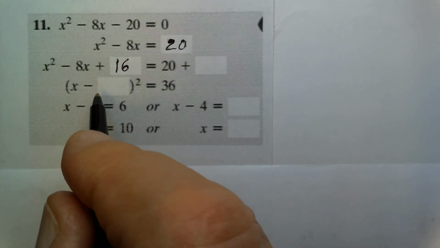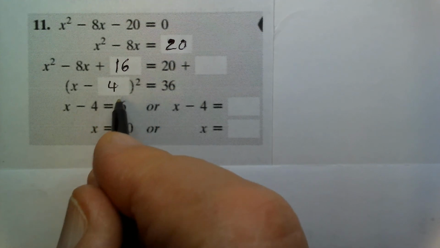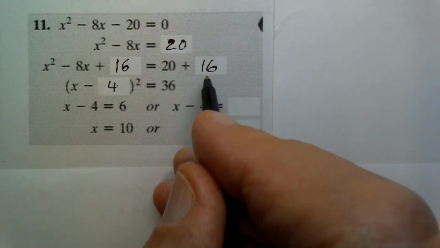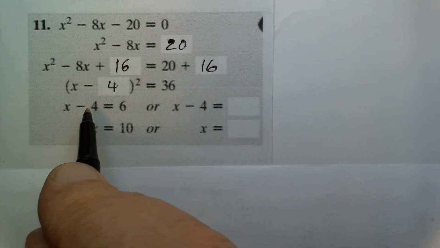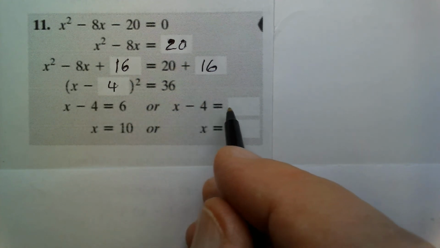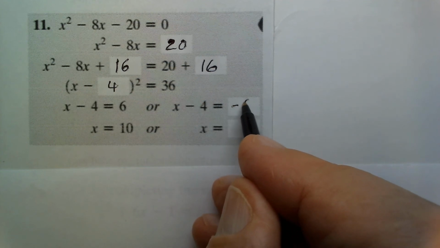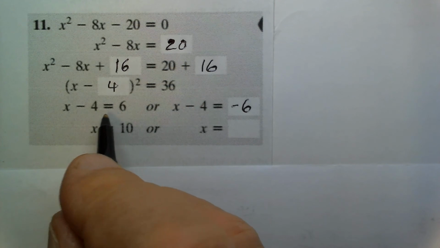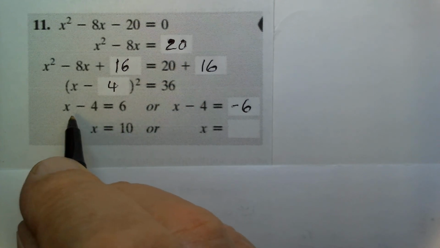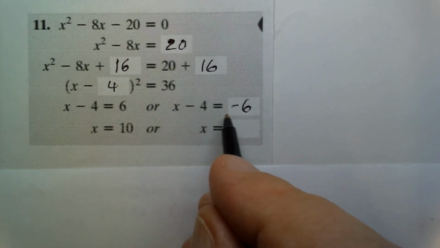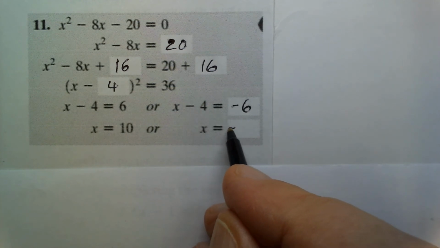That gives us (x minus 4) squared equals 20 plus 16, or 36. So when we take the square root on both sides, we get x minus 4 equals 6, or x minus 4 equals minus 6. So in one case, where we now add 4 to both sides, x equals 10, 4 plus 6 is 10, and then if we add 4 to both sides in the other case, we get minus 2.